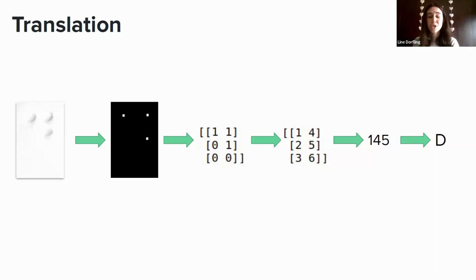We can then do a dictionary lookup to determine what letter or character that represents, and we come up with the letter D. So we repeat this process for every single character that we've detected on the Braille scan on the page, until we have finally and successfully translated the whole Braille document to text. So yeah, that is the process of OCR for Braille documents.